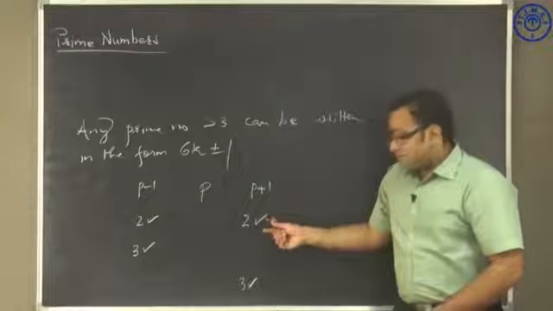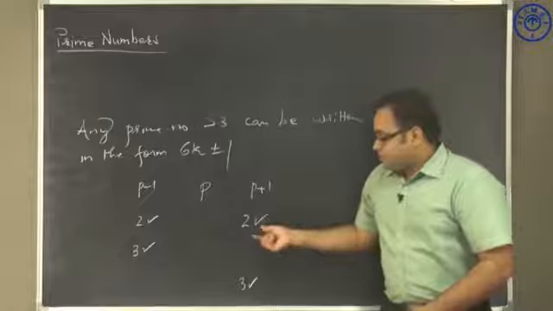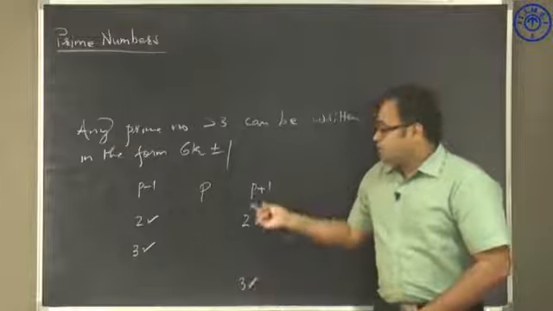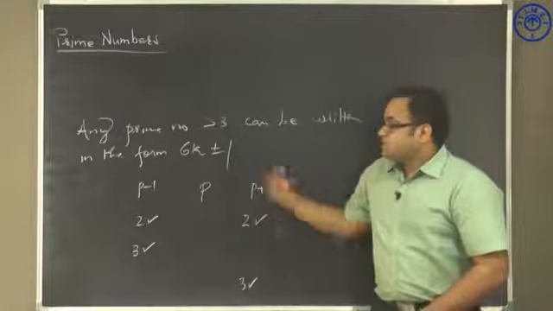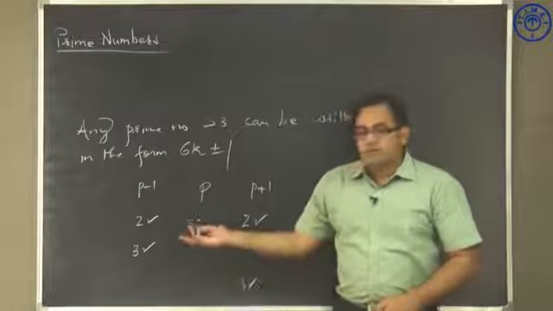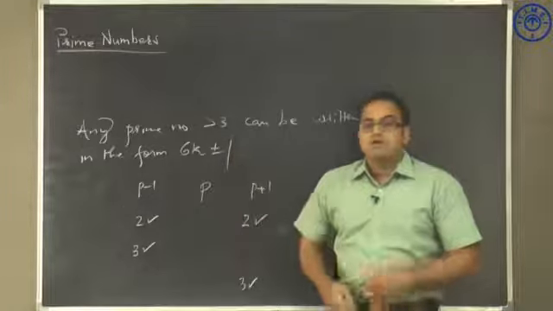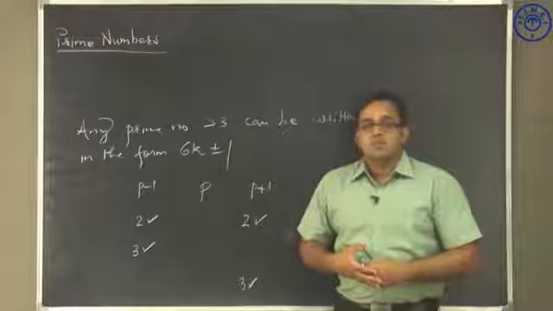On the other side, if p plus 1 is divisible by both 2 and 3, p plus 1 is equal to 6k, which means that p is equal to 6k minus 1. So, in general, one of these two will always be true. Therefore, every prime number will be of the form 6k plus minus 1.